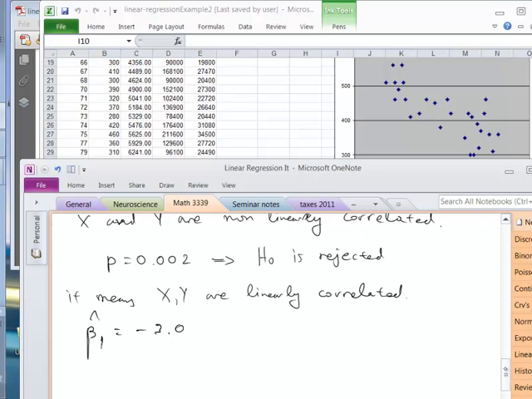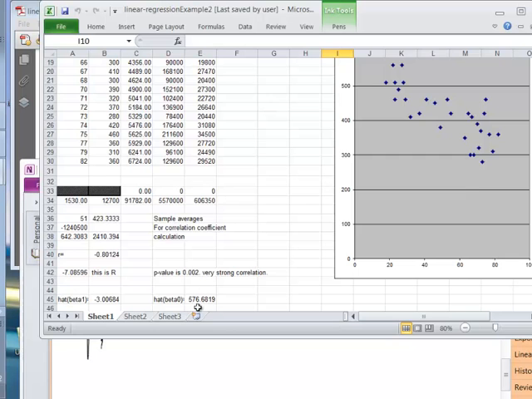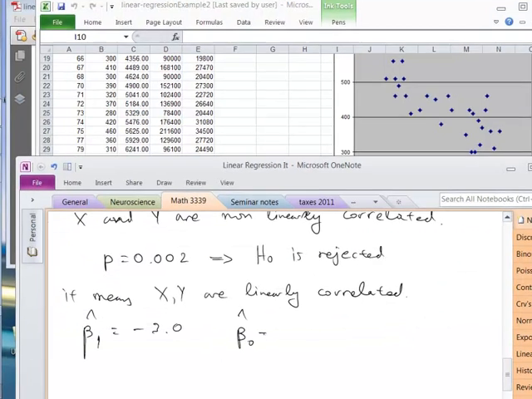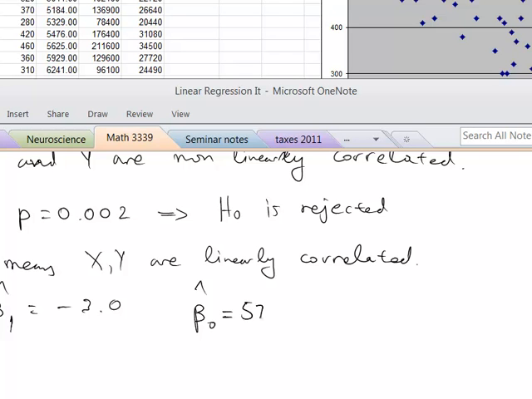Let's round up the numbers, and beta sub 0 is 577. So those are the point estimates. This is the y-intercept point estimate, and this is the slope point estimate.